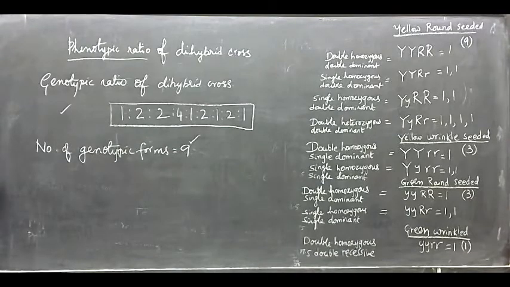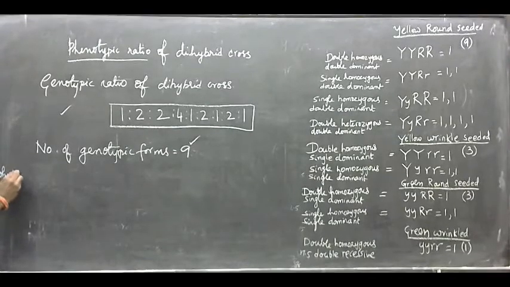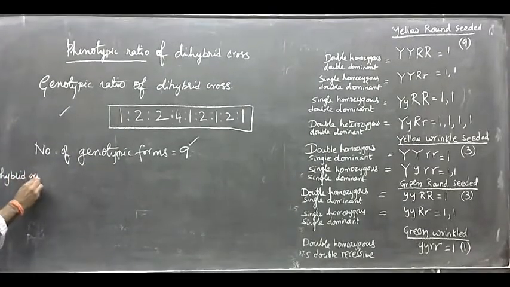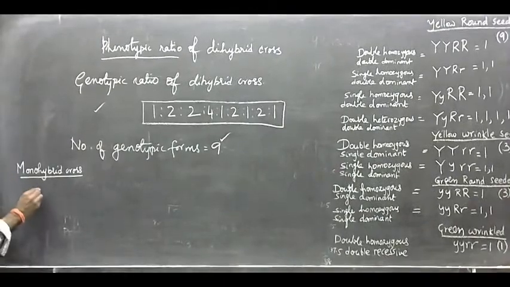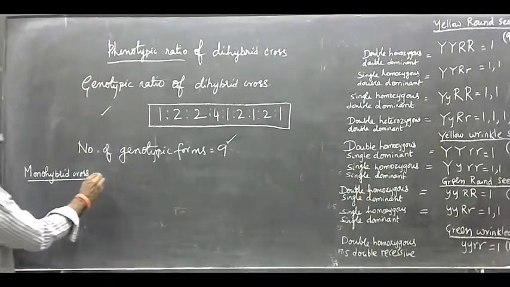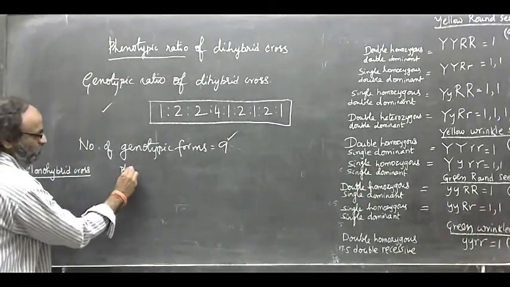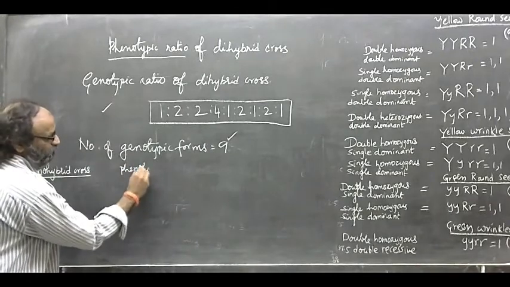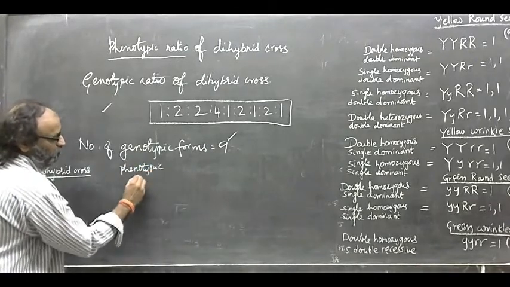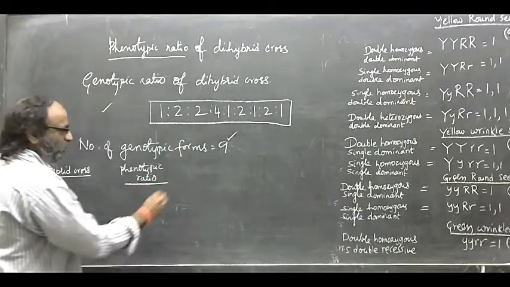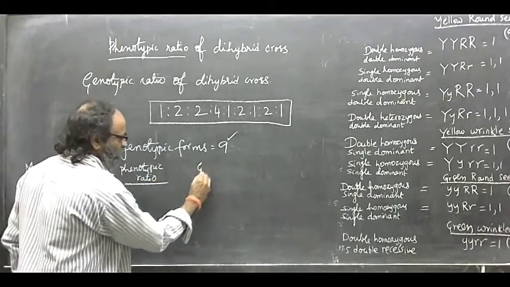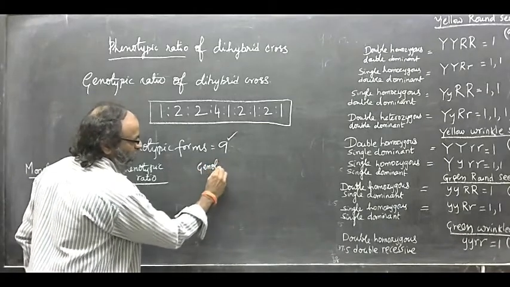Now let us examine the monohybrid cross phenotypic ratio and monohybrid cross genotypic ratio.